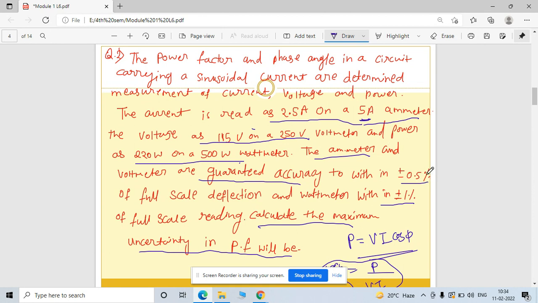So when you measure a current of 2.5 ampere, what is the percentage error? We already saw the relation between limiting error and percentage error, right? So true value into limiting error is equal to full scale value into the guaranteed accuracy error. Use that relation in this question and try to solve this problem.